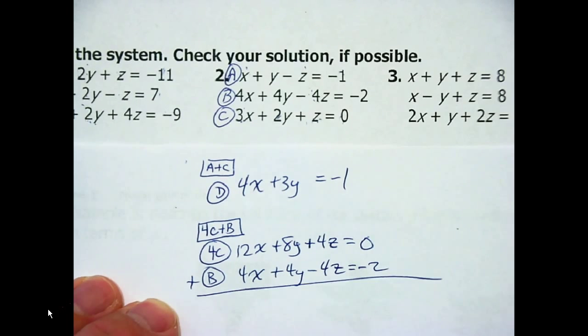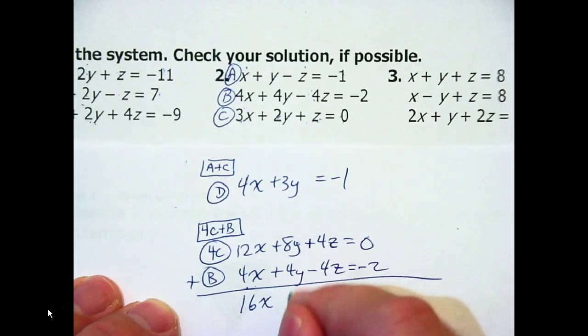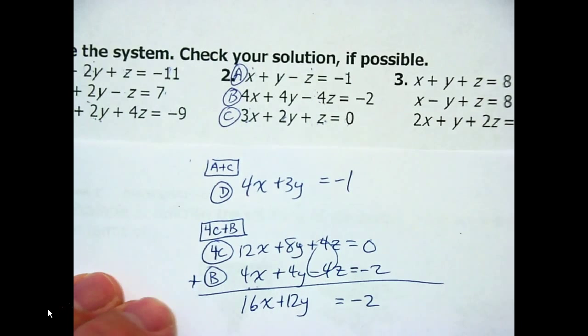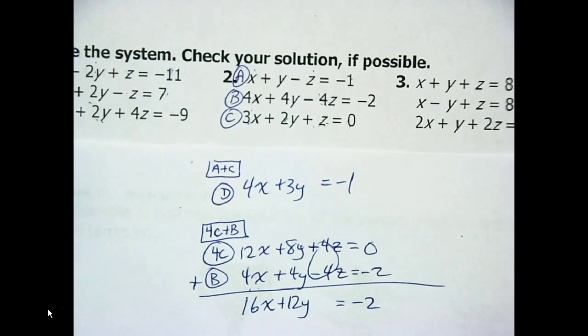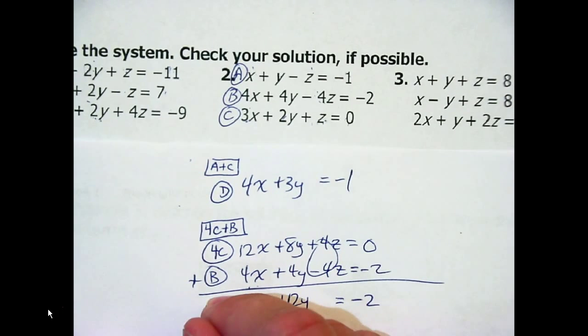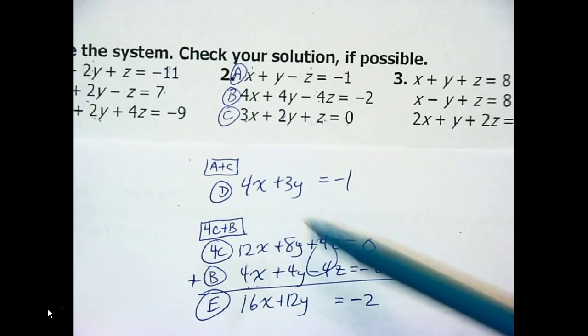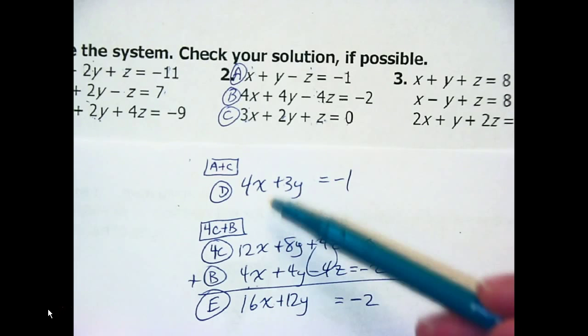We combine these, we get 16x, 12y, okay, and what do we call that equation? E. Now really what we're trying to do is eliminate x or y from D and E.